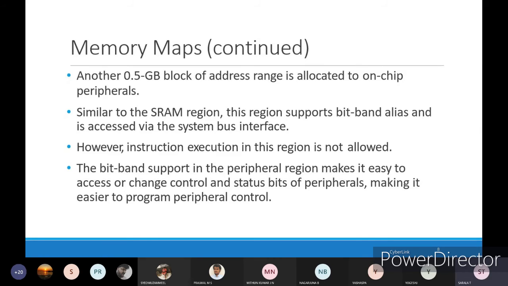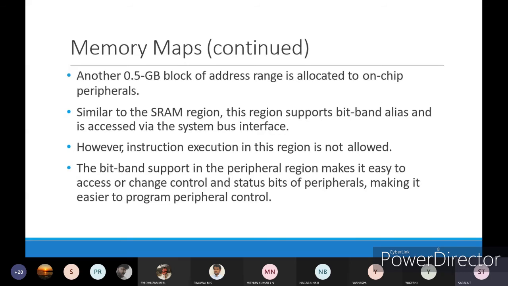Whenever we go with the same type of SRAM, here also we have bitband operation and bitband alias access, and it can be accessed via the system bus interface only. However, instruction execution in this region is not allowed. Same thing here also, instruction execution is not allowed in this bitband region and bitband alias region.